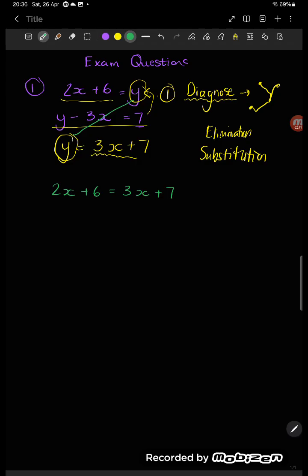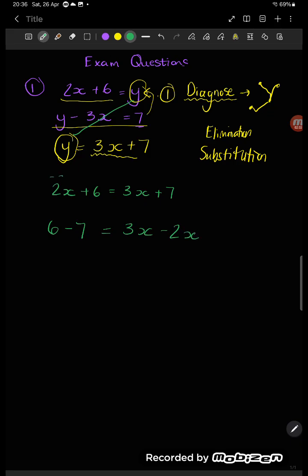Now it's a very easy mechanism, because I'm going to put all my x's on one side and all my constants on the other. So let's put the constants on the left hand side, why not? So I'm going to go 6 minus 7 equals 3x minus 2x.